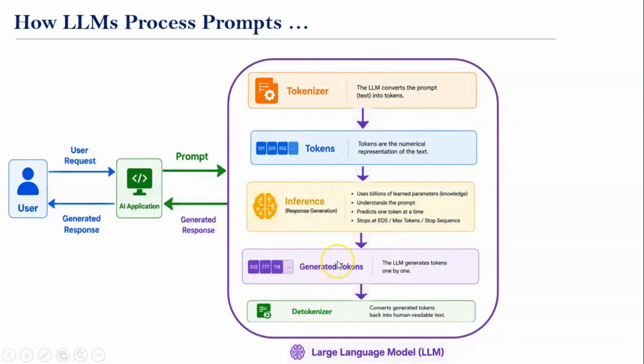And those tokens will be converted back to human readable text using the detokenizer, and that response will be sent back to the AI application. Be clear, you are not going to do any of these steps. Directly the LLM will take care. The only thing is you have to understand about tokens. Nothing but our prompt will be converted into tokens and the result also in terms of tokens, and finally that response will be converted back to human readable text.